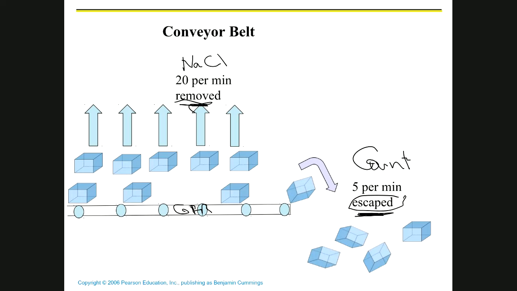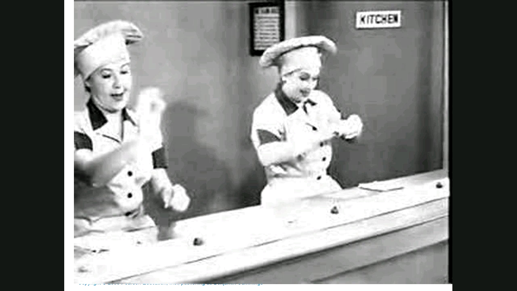It's the same thing here with the Lucy and Ethel. If we know how many they can wrap, they can take off, and we know over here how many show up that they didn't wrap, we can figure out this rate. And here, look, the rate is very slow because this number that escapes is very low.